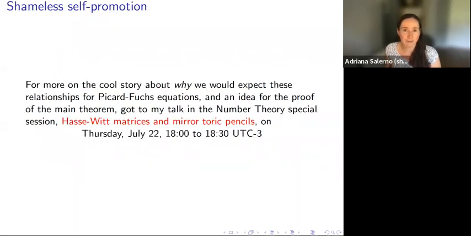If you want to know more about how we got there, I'm going to talk more about the number theory side and the toric variety side in the Number Theory in the Americas session. My talk is going to be on July 22nd from 6 to 6:30 Buenos Aires time, and it's called Hasse-Witt matrices and mirror toric pencils.